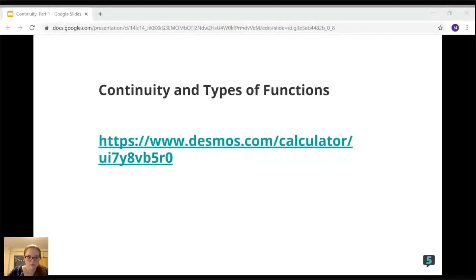Awesome. Okay, great. What are some other functions that don't have domains that are completely negative infinity to infinity, completely all real numbers? Exponential, great. That's one.